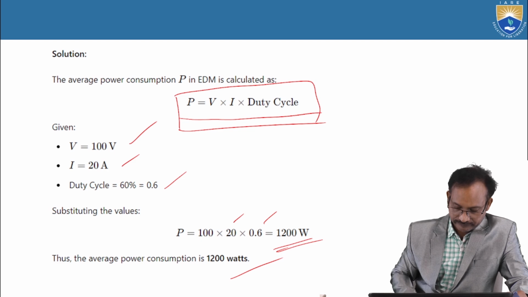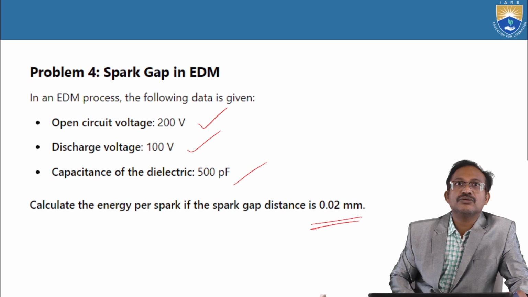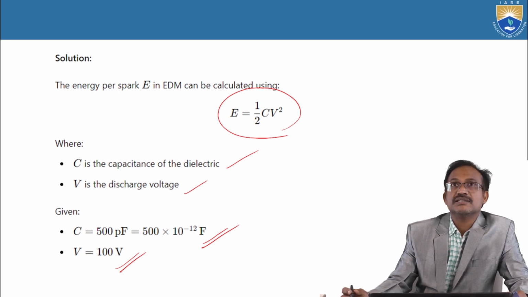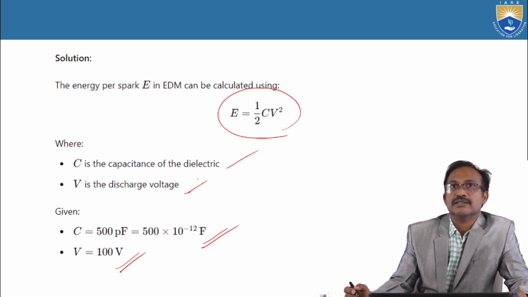Next, in problem number 4, we need to calculate the energy per spark. For that the formula is CV square, where C is the capacitance of the dielectric and V is the discharge voltage.